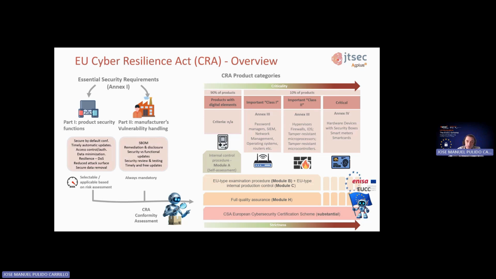As of today, the regulation does not make this method mandatory for critical products, but in the future, by means of delegated acts, this could change, and critical products might need to demonstrate conformance through a European cybersecurity certification. The candidate, and the one we are dealing with in this presentation, is the EUCC.